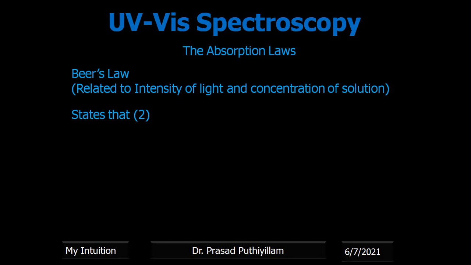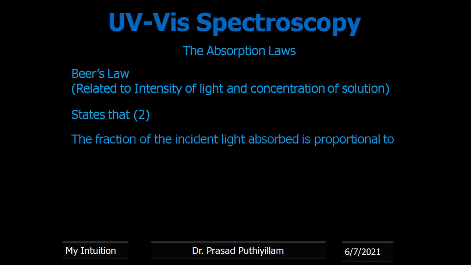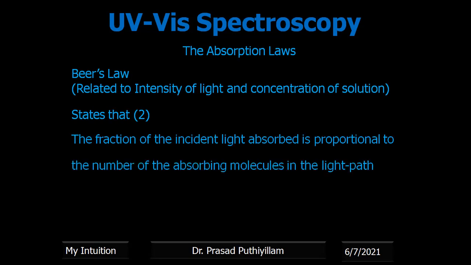Second statement, same Beer's law only. A different way of representing that concept is that the fraction of incident light absorbed is proportional to the number of absorbing molecules in the light path. That means we cut the incident light into many fractions, and the fraction of light absorbed is proportional to the number of absorbing molecules.